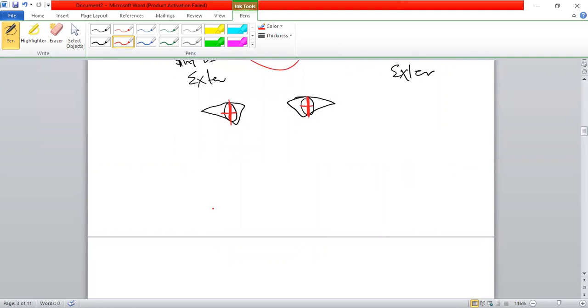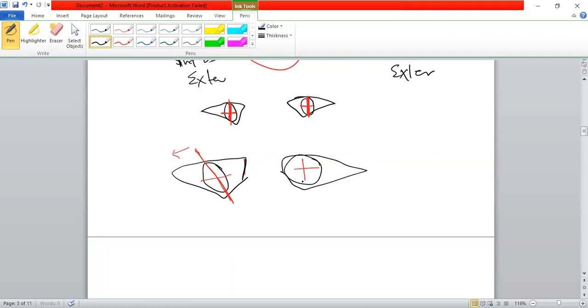Now, because I told you that it will externally rotate the eye, what will happen is that when your eyes are externally rotated, you see the middle line deviated externally, but this one will remain the same.